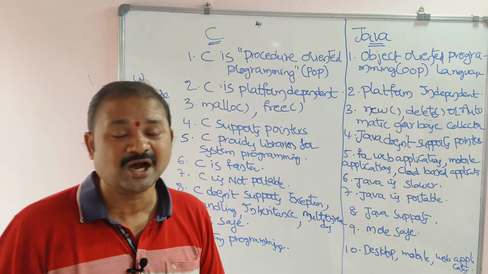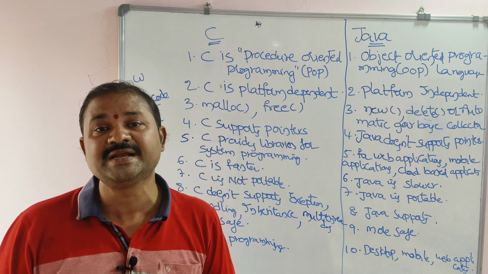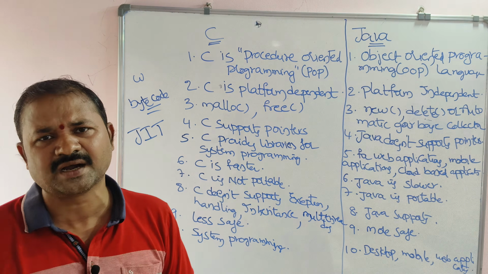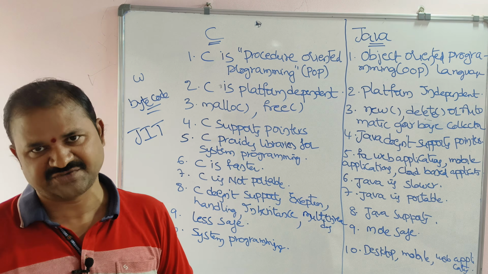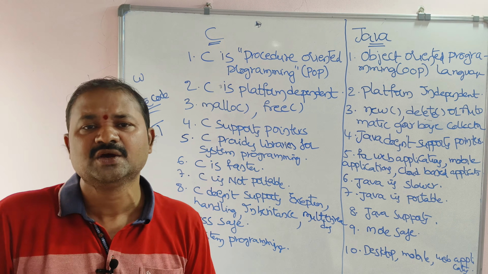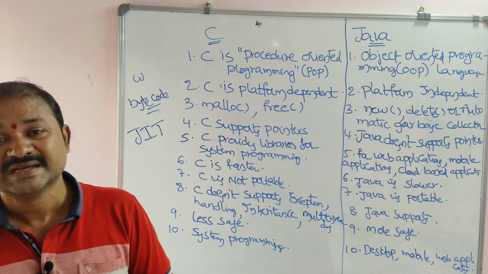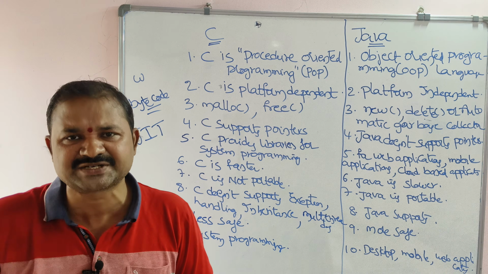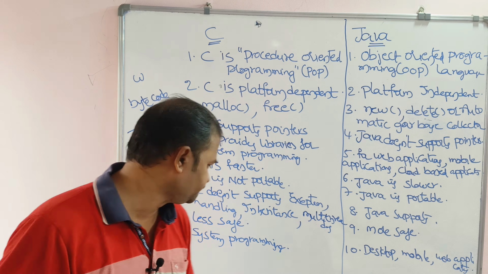For multi-threading also there are so many built-in methods. In C also we have multi-threading, but there are no built-in methods for it. In Java we have many built-in methods, like the sleep method and thread methods, in order to handle multiple threads.